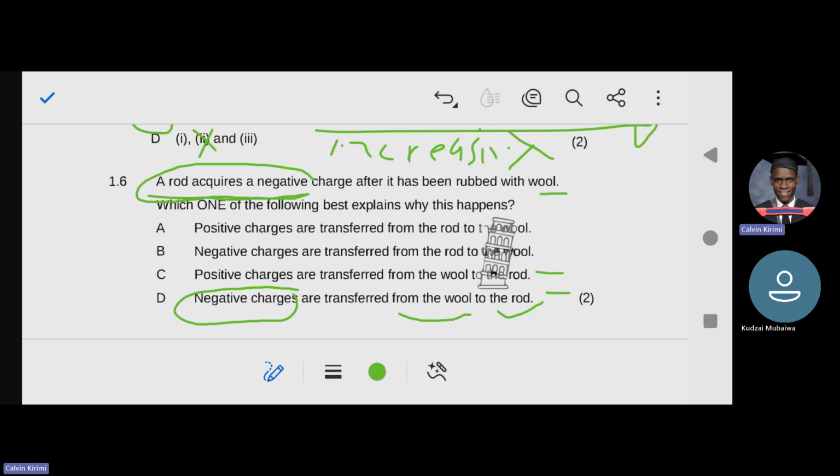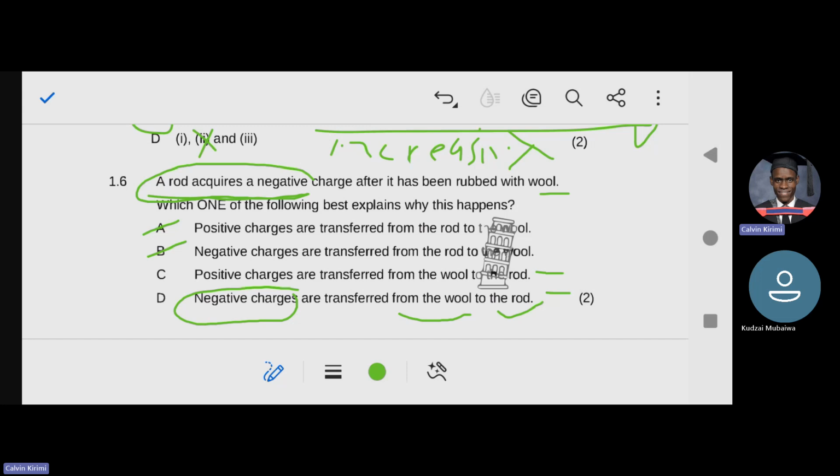So you check the answer from wool, which means it's C and D. A is out, B is out. So we are left with C and D. Now, are positive charges transferred from wool to rod, or negative charges? What is it that it gains? It gained negative. So negative charges have been transferred.